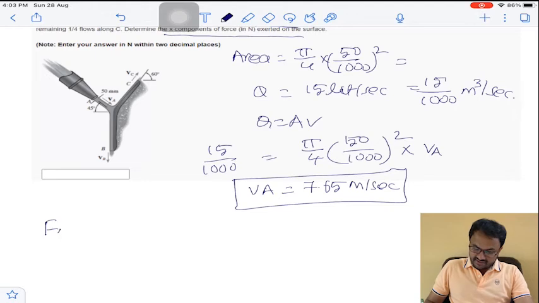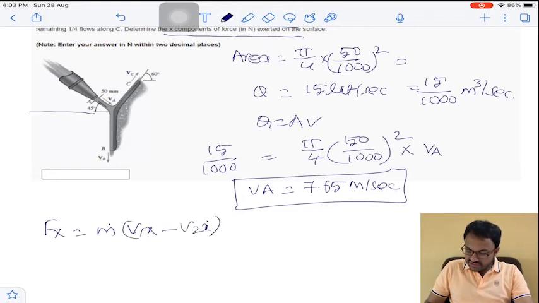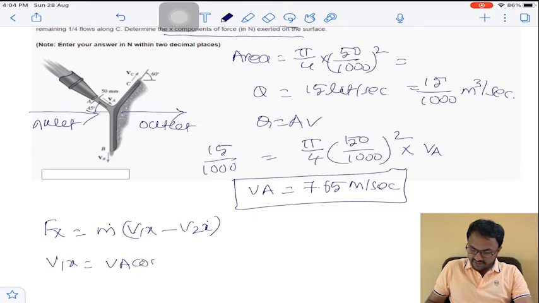So Fx is equal to mass flow rate into V1x minus V2x. V1x is in this direction, V2x is in this direction, that is inlet and outlet. First of all, we can calculate V1x is equal to VA cos 45, that will be 7.65 into cos 45. It is 5.41.